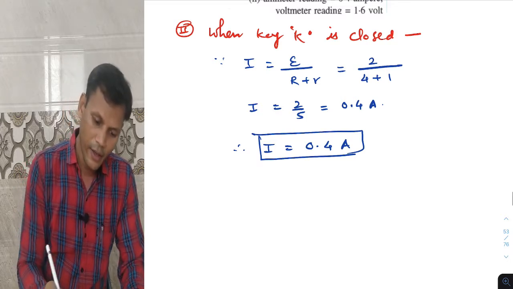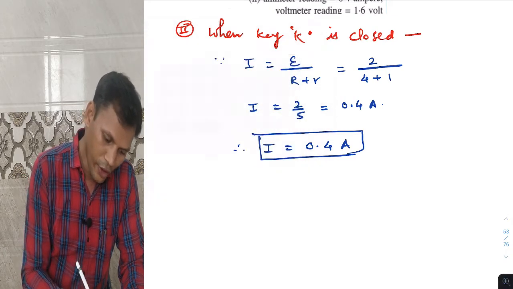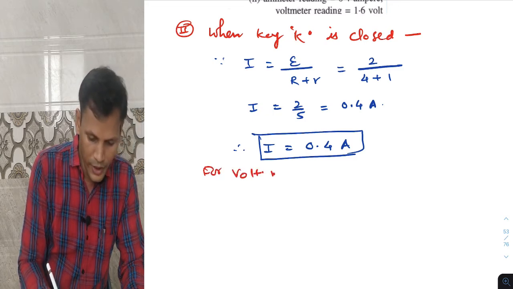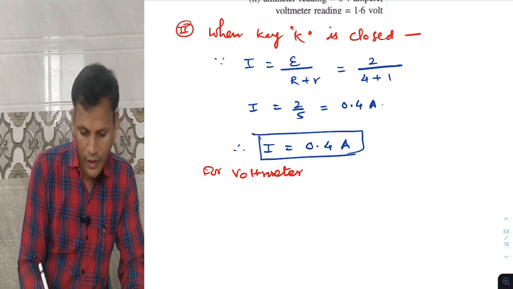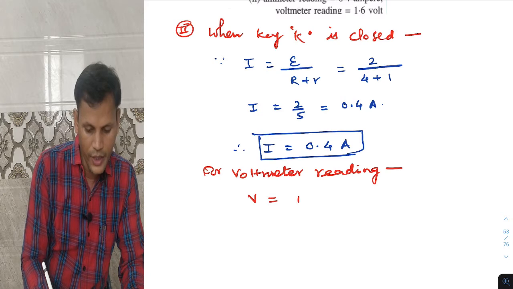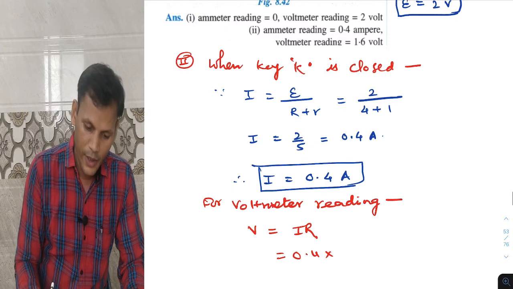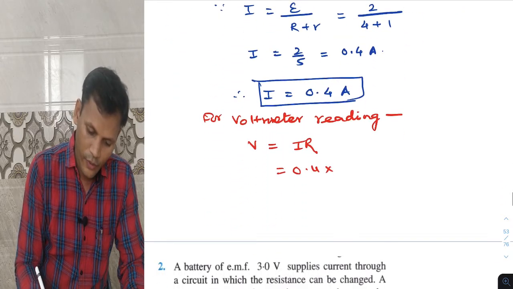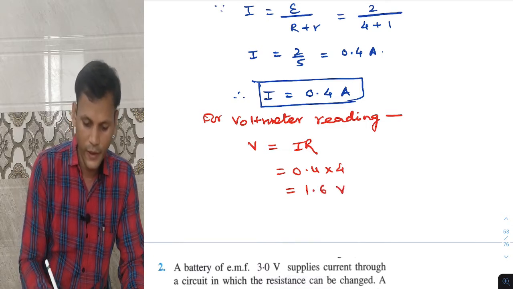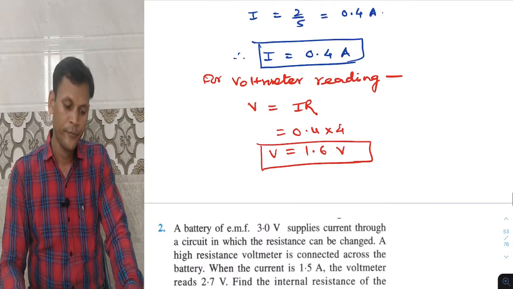For the voltmeter reading, we know terminal potential difference V is equal to I into capital R. So I is 0.4 into capital R, which is 4 ohm. 4 fours are 16, so you will get 1.6 volt. It is V. So we get both the answers.